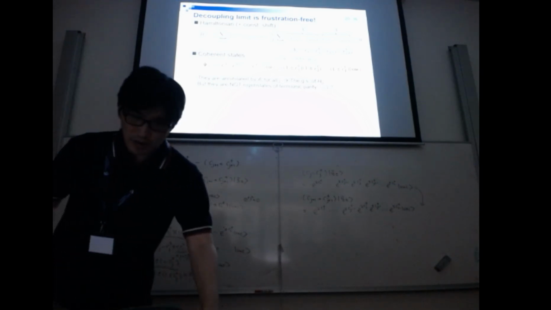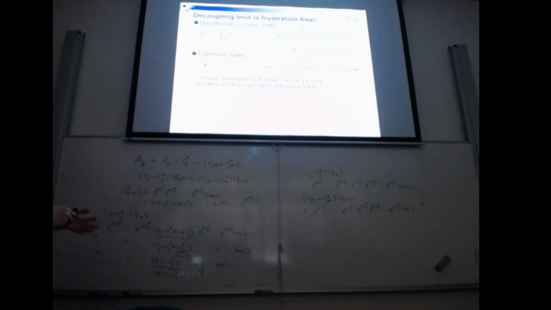But there is a problem here, because these psi plus-minus are not eigenstates of the fermion parity. You have to take some proper combination to make it an eigenstate of (-1)^F, and you can do that. For instance, for two sites, if you take this positive combination of psi plus and psi minus, it looks like this.